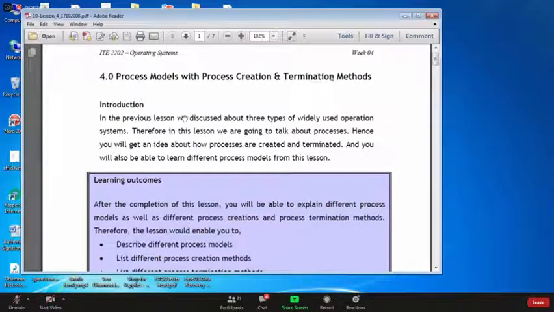Let's continue. Remember, process and processor are different. Last time I explained the spelling. Process is spelled CESSES, like here you can see processes.